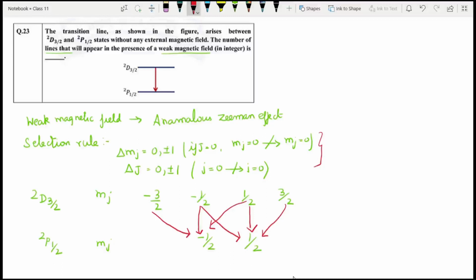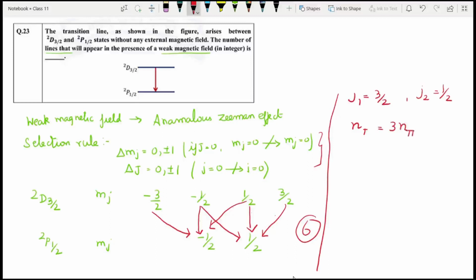So the number of spectral lines will be 1, 2, 3, 4, 5, 6. This is one way of calculating the value, and the other way is: the J value of one state is 3/2 and the J value of another state is 1/2. So the number of spectral lines Nt is equal to 3 into N pi, where N pi is equal to 2J+1, and here J is the minimum value of J1, J2.